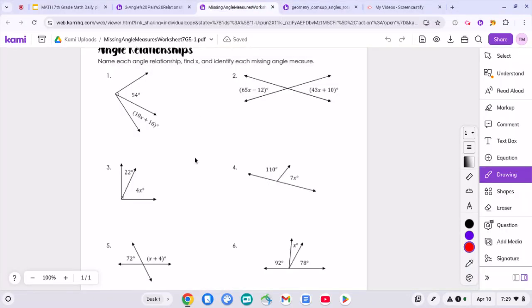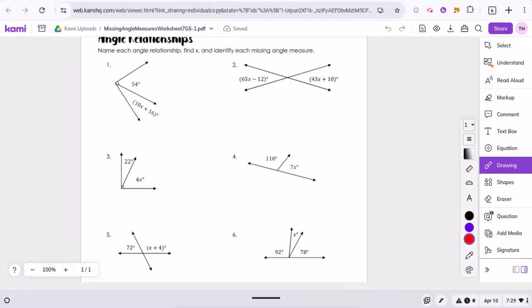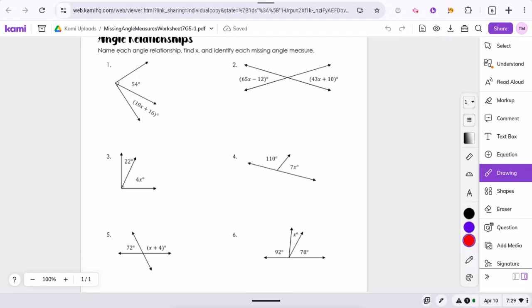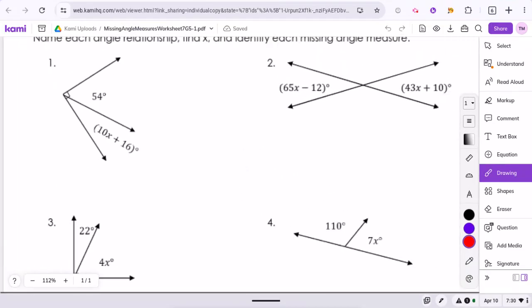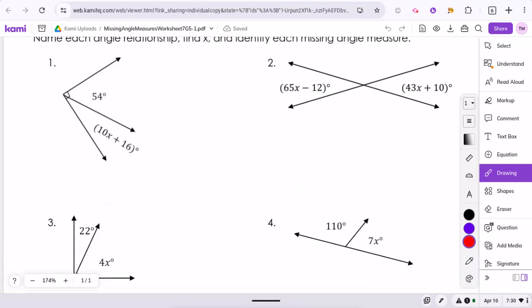Okay, now when it doesn't give you the numbers directly, it will give you an expression, or it will give you one of the angles. You would put the expression in to figure out the missing angle. So it does give you 54.